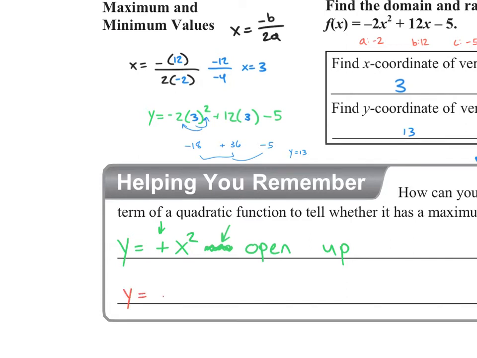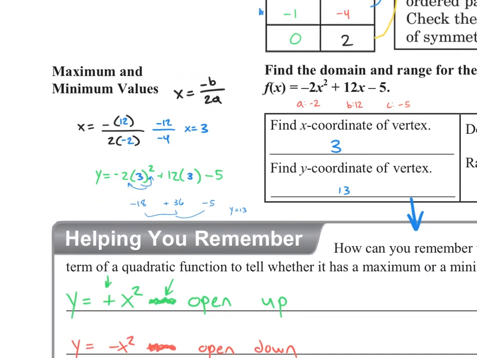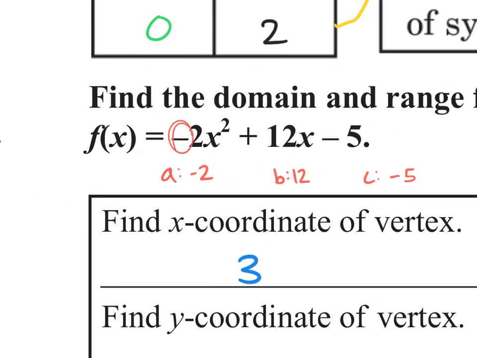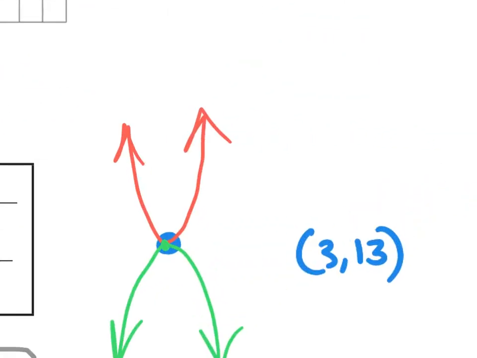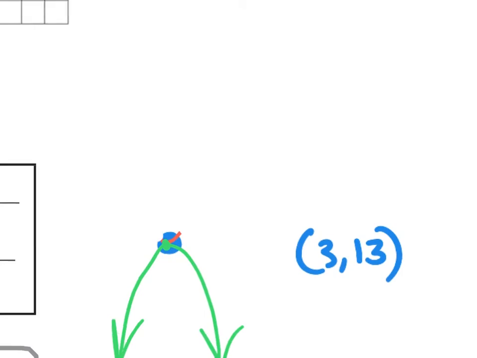Which then means if you have a negative x squared, regardless of what your B and C values are, you open down. So in our case here, we have a negative in front of our x squared, which means we are in fact this scenario to where our vertex is at 3, 13, and we open down.